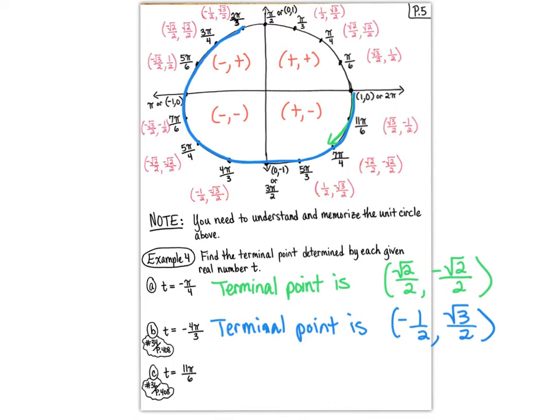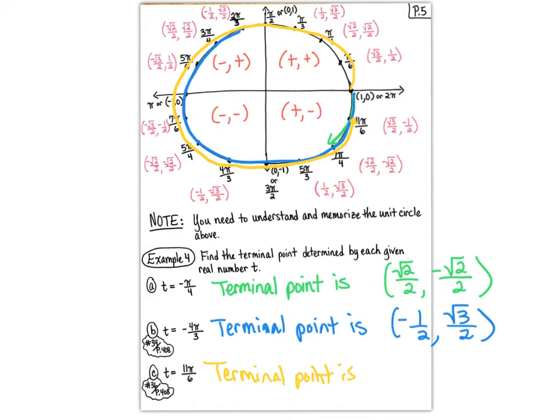Okay? So t is equal to 11 pi over 6. Where are we at? Clockwise or counterclockwise? Counterclockwise, good. And then we go around and we stop here, right? So what's your terminal point? Good.